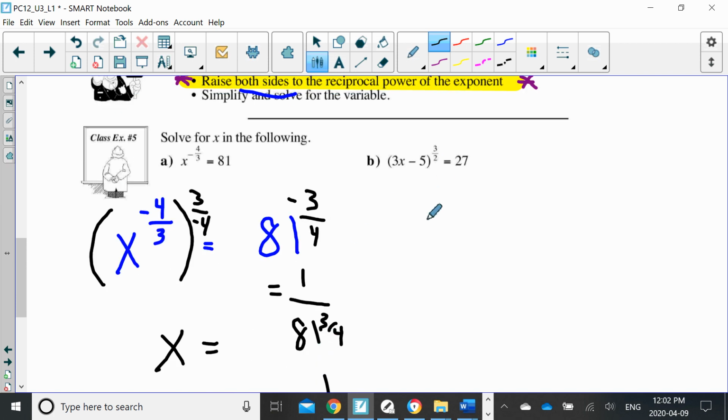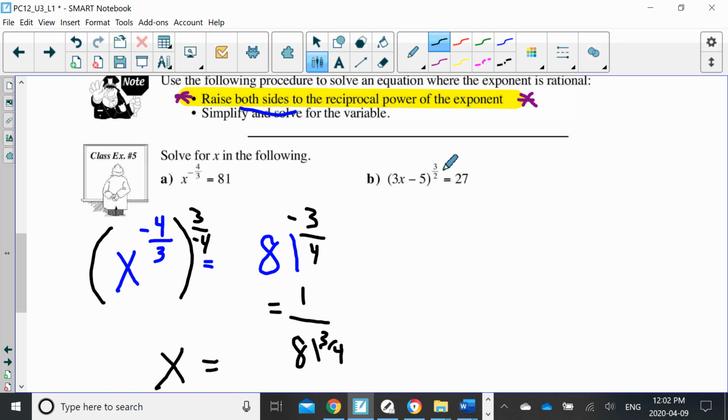Let's do the same thing for this one. We need to isolate the x and eventually figure out what this variable x is. So let's get rid of this power. Raise both sides to the reciprocal power of the exponent. Put this in a bracket. The reciprocal of 3 over 2 is 2/3.